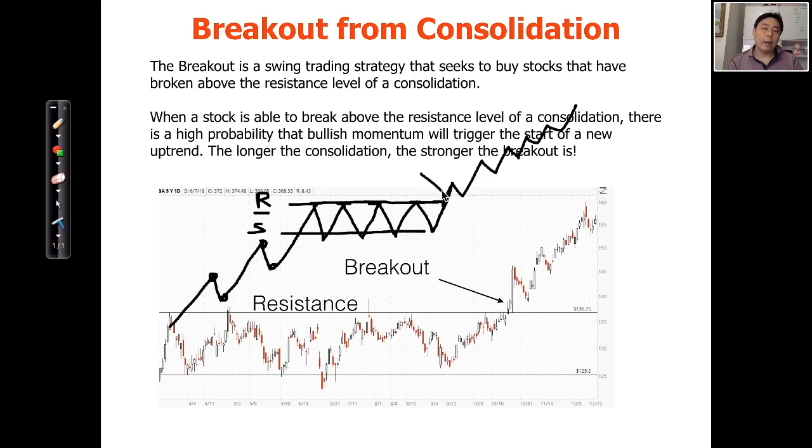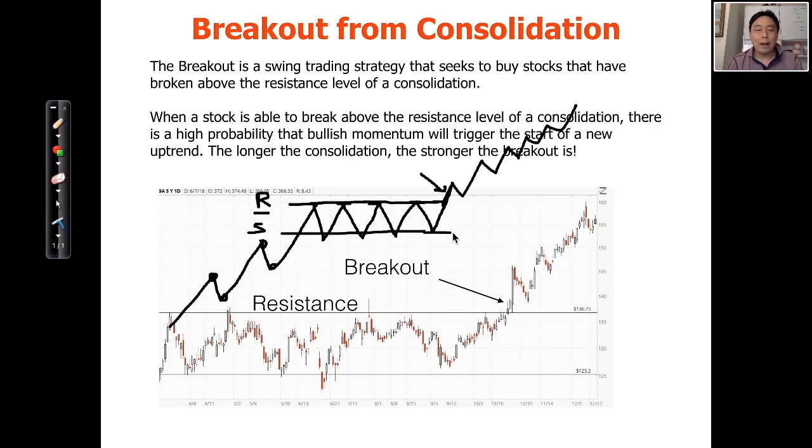And this is the point where many traders would like to get into that stock to catch the new trend, to catch the new bullish momentum after it's been resting for a while. Okay? I like to use the metaphor of a person who was in a prison for a couple of months or years, and eventually he breaks out of the prison, right? He starts running, right? And you want to get him while he's starting to run away, okay?